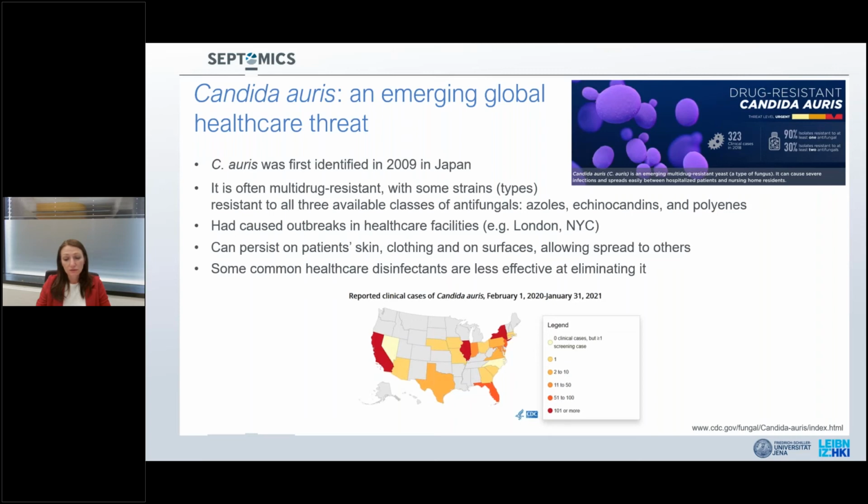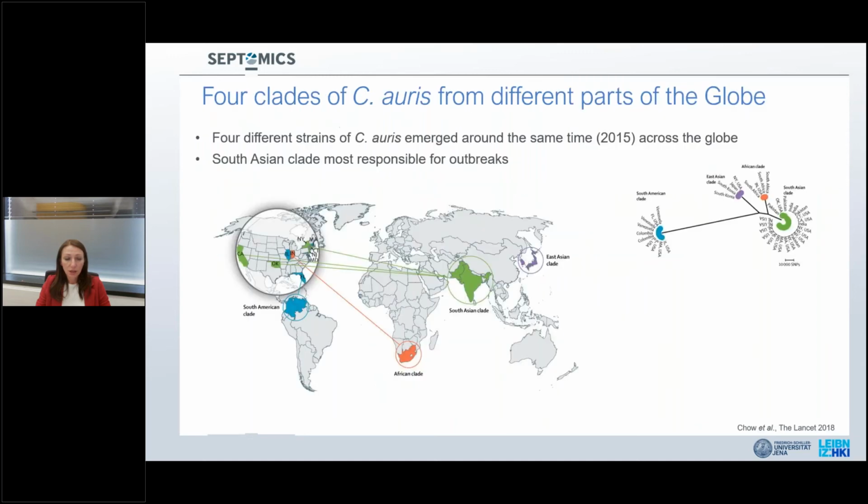So it's really difficult to eradicate from surfaces, and sometimes it has caused the closing of whole hospital units for weeks or even months. So this also causes indirect costs to healthcare, of course, and it's interesting to study this pathogen.